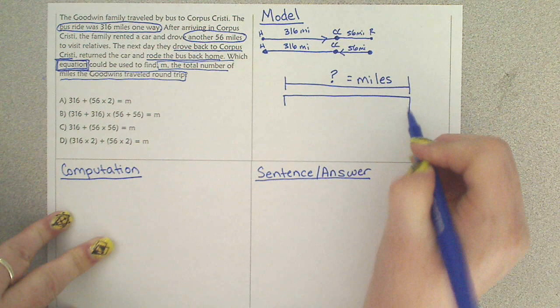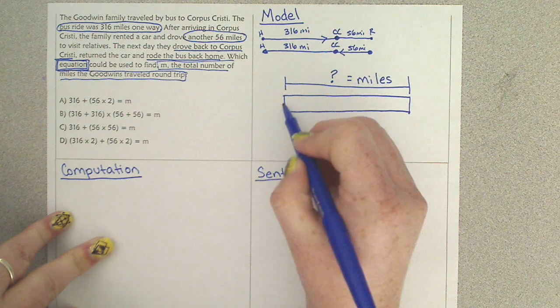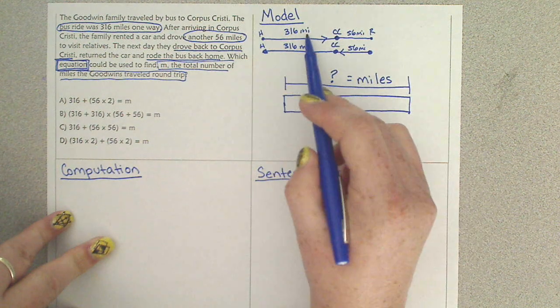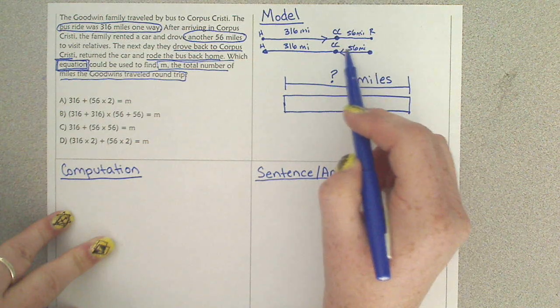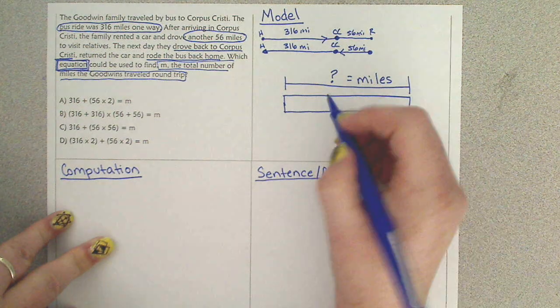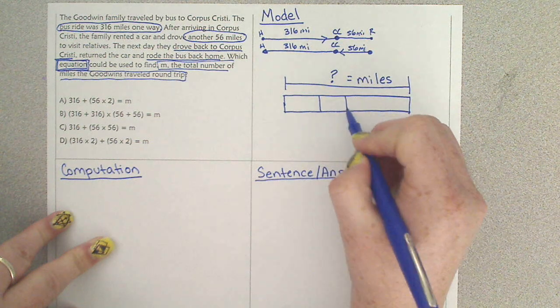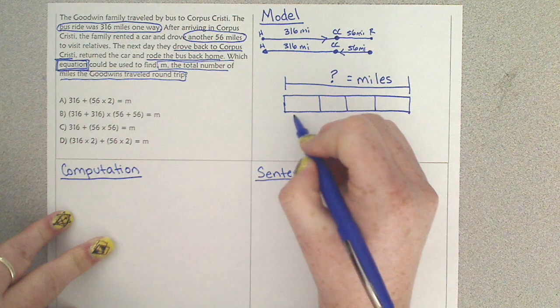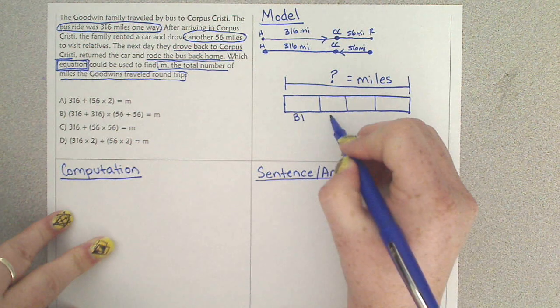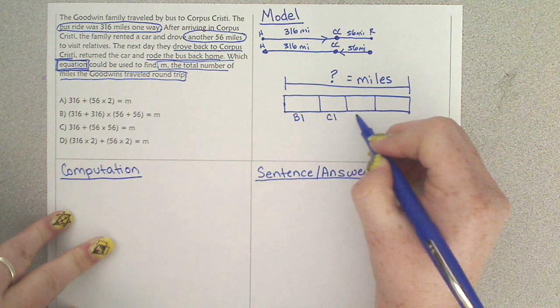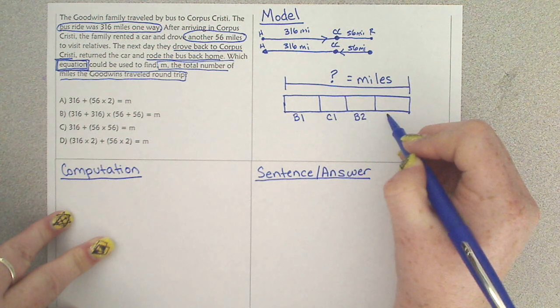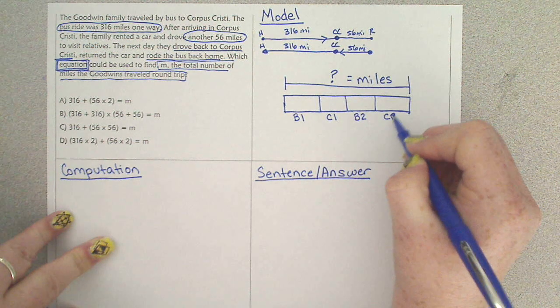And now for my parts bar underneath. I have 1, 2, 3, 4 parts to this trip. We have the bus ride number 1, the car ride number 1, the bus ride number 2, and the car ride number 2. Whoops.